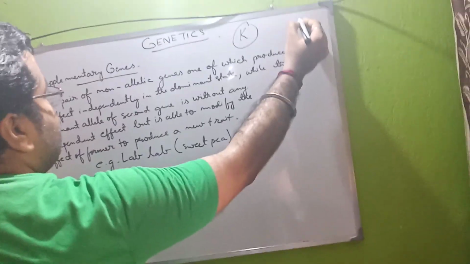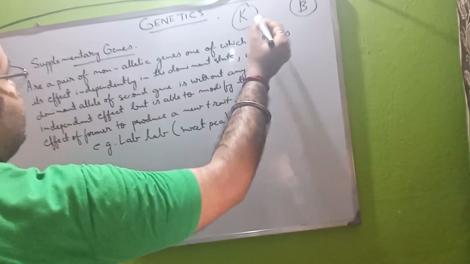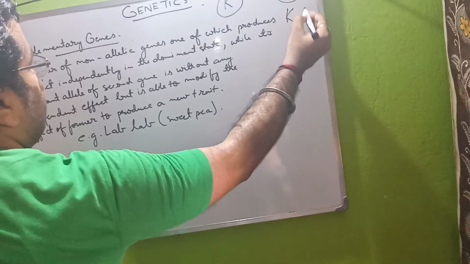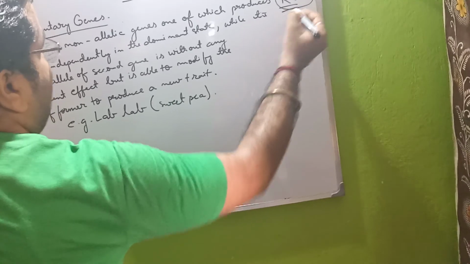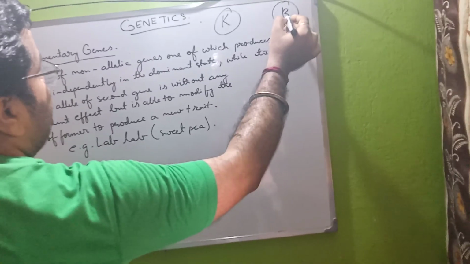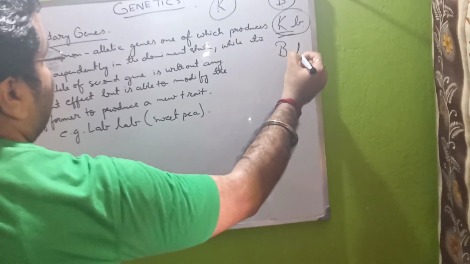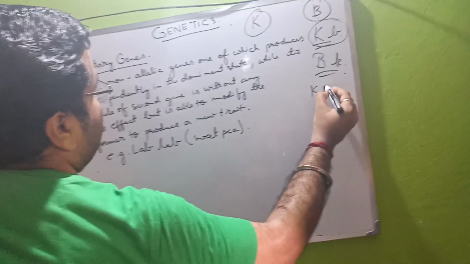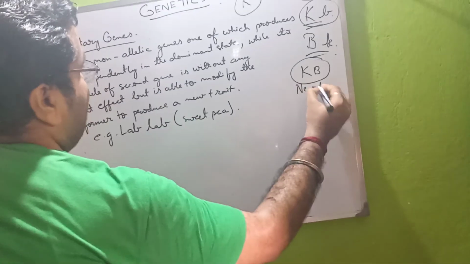Now there is another gene, suppose B. This gene will not be able to express independently in this condition also. And when both the genes, K and B, are in dominant state, then they will give us a new trait.